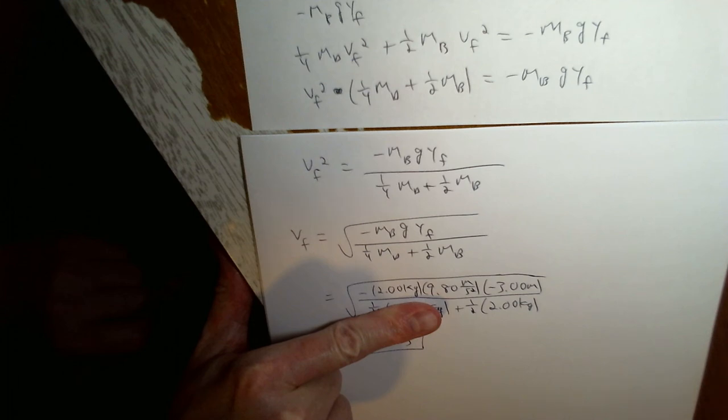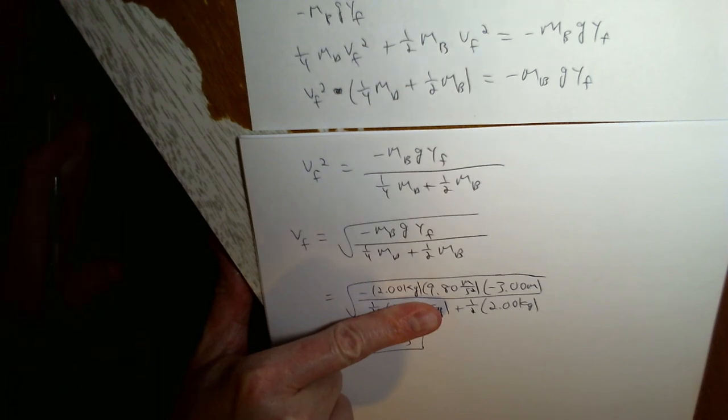So you get V final is the square root of minus 2g change in y, which is the same thing that you got earlier for things that were just falling.